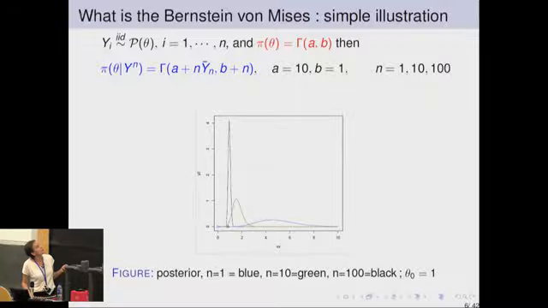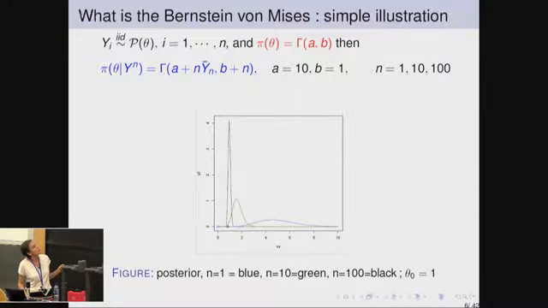Imagine that you have a Poisson distribution with parameter theta and a gamma prior on theta, then you have a gamma posterior. The Bernstein-von Mises result tells you that asymptotically, with n equals 1, n equals 10, and n equals 100, as n increases the posterior becomes more and more concentrated and looks more and more like a Gaussian distribution centered at something.